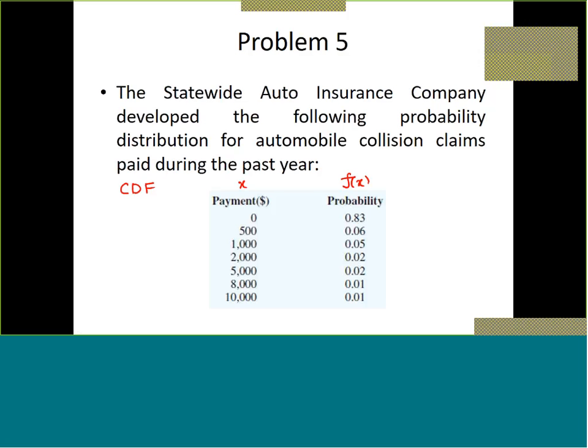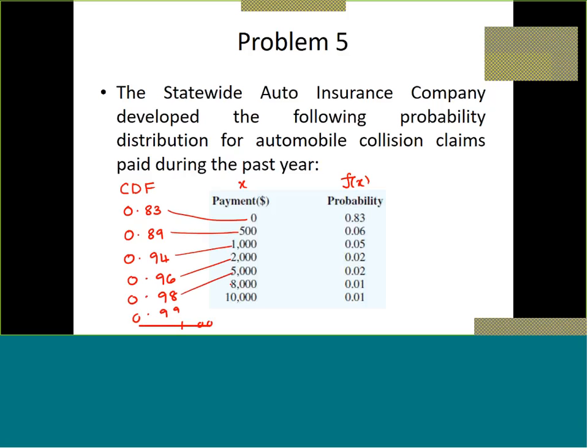First one is 0.83, the next is 0.89, then 0.94, 0.96, 0.98, 0.99, and the last one is 1.00. So the cumulative values are 83, 89, 94, 96, 98, 99, 100.